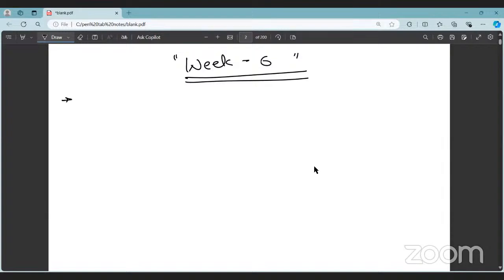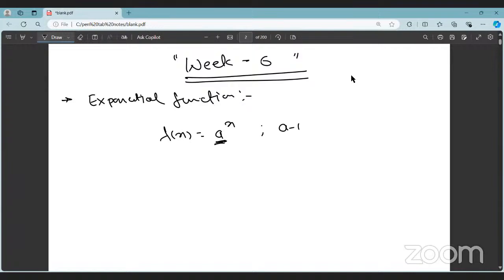You are familiar with the exponential function, right? The exponential function means f of x equals a to the power x, and in this function we have some restrictions over the base. Here a is the base.